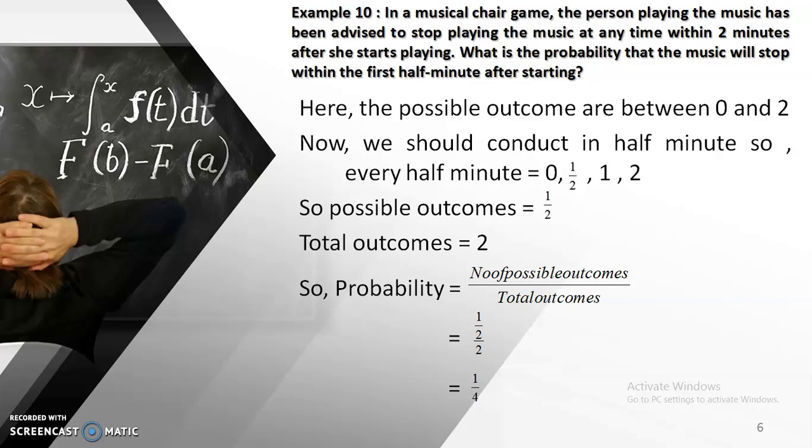So total outcomes 2. So probability equals number of possible outcomes divided by total outcomes equals 1 upon 2 divided by 2. Now multiply 2 into 2. 2 2s are 4. So 1 upon 4. Got it? If you have any doubt about it, then you can ask me in the comment section. Now go to the next.